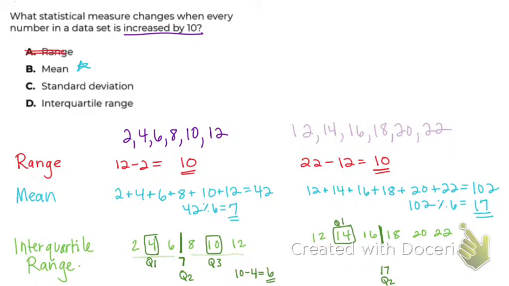In the middle of the numbers above our median, our quartile 2, this is our quartile 3. And then lastly, you subtract how many numbers are between those quartiles within that middle 50% of the data. So you do 20 minus 14, and we also get 6. So the interquartile range did not change when we added 10 to each number.